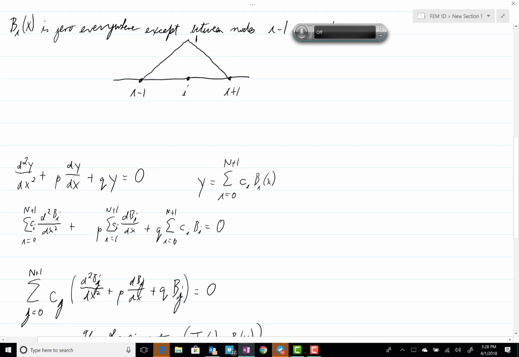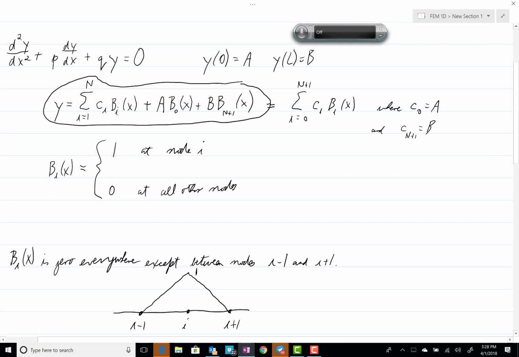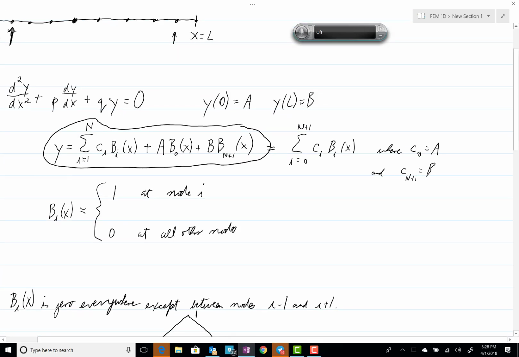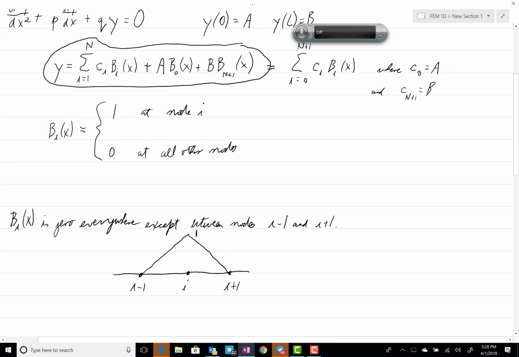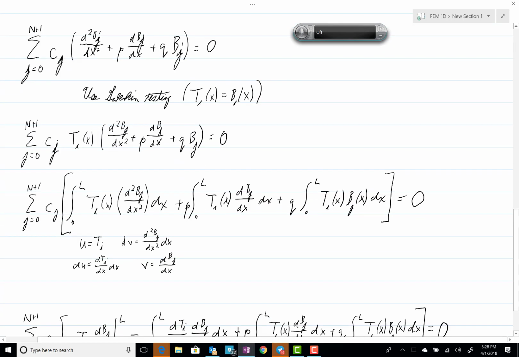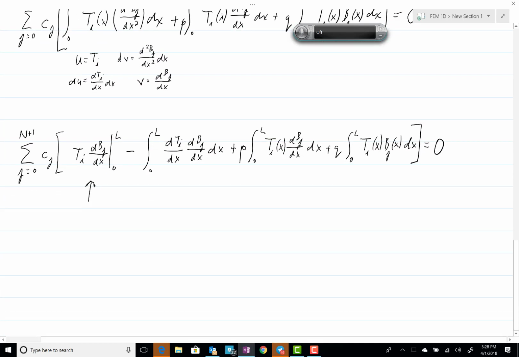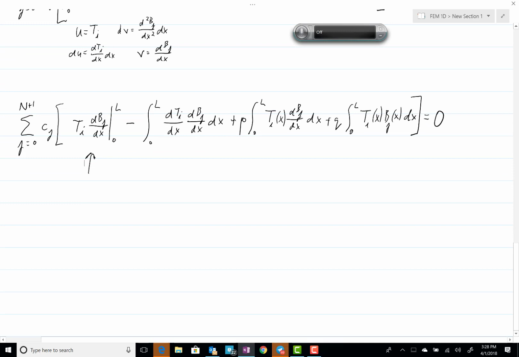Y of 0 is equal to A, y of L is equal to B. And so since y is known at the two end nodes, you don't need to test at those nodes.